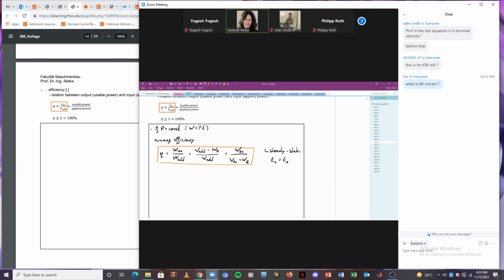Okay, and of course, we could have several power units connected in a serial connection. Then we could compute the total efficiency.